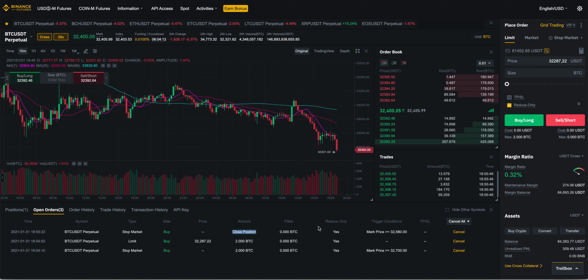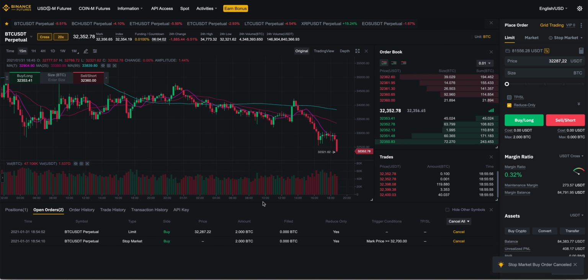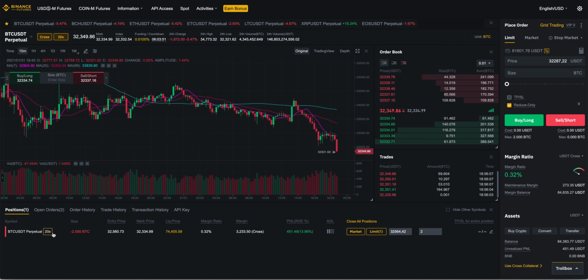Great. You can cancel directly from here all or just one of these. Let's remove this. It is way too tight. Okay. The same you can do for the other side.